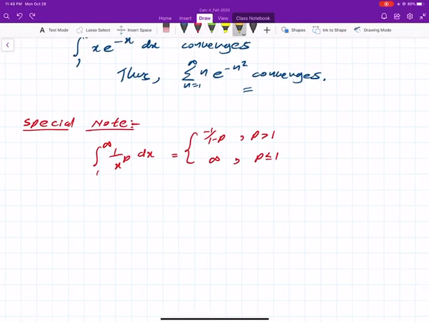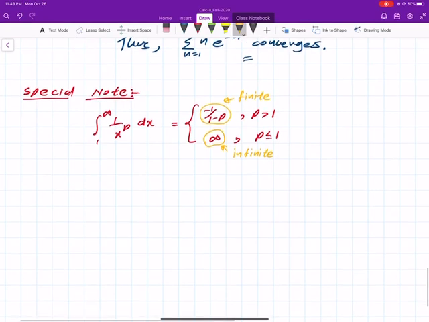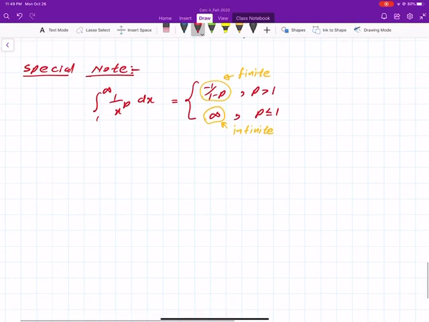Let me write the two cases. This is the case where it is finite. This is the case where it is infinite. Okay, now let's go to example number 3.